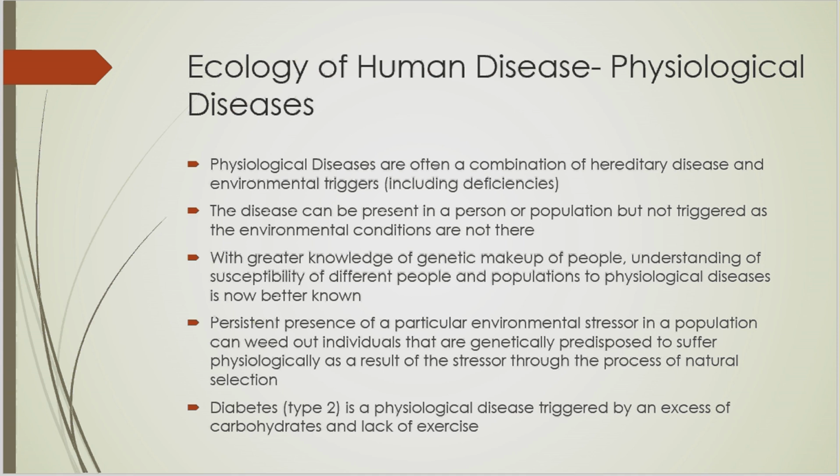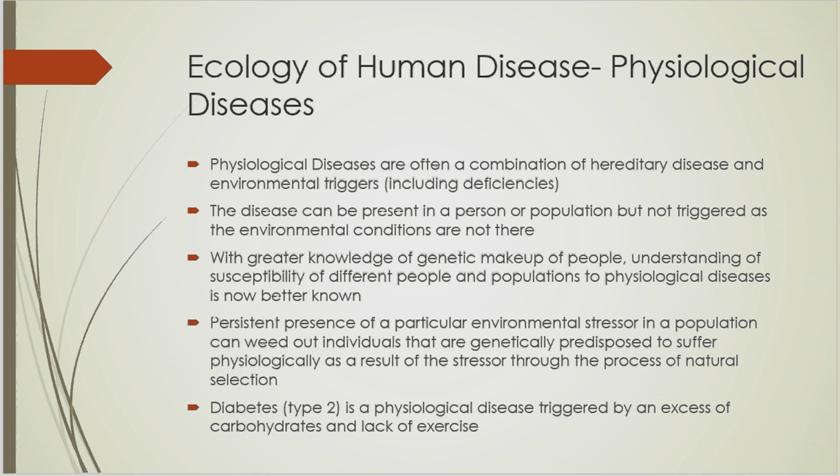So the culture of medicine and technology, which is developed from that culture, has allowed people to understand who is more vulnerable to these physiological diseases. Okay? And also taking a look at environmental factors like smoking, for instance, which can show that smoking is bad for everybody, no matter what their genetic makeup.